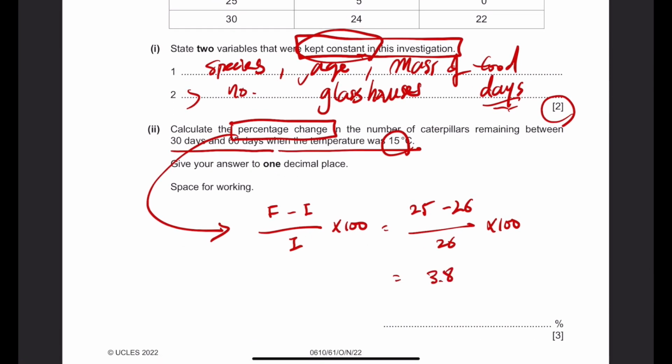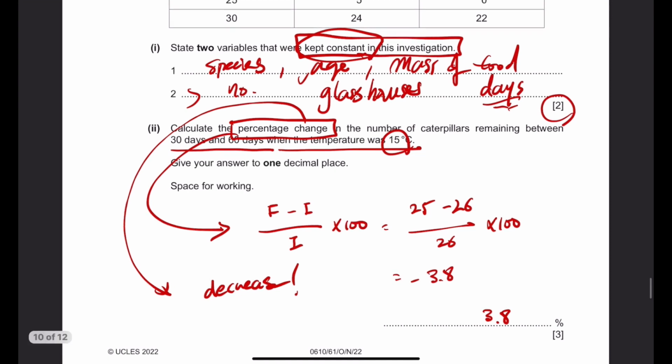negative 3.8. So you can't just say it's negative 3.8 because it asks you about the percentage change. If the question asks you to calculate the percentage decrease, you have to take out the negative sign, the minus sign, okay?